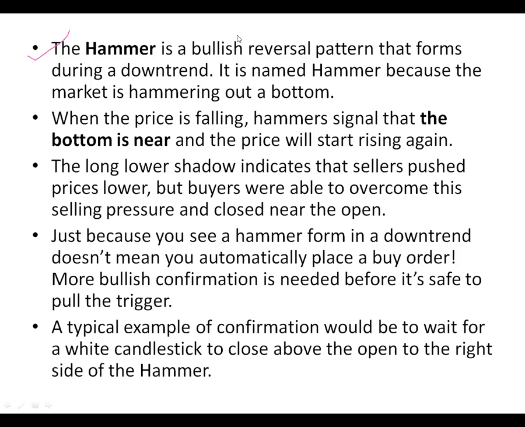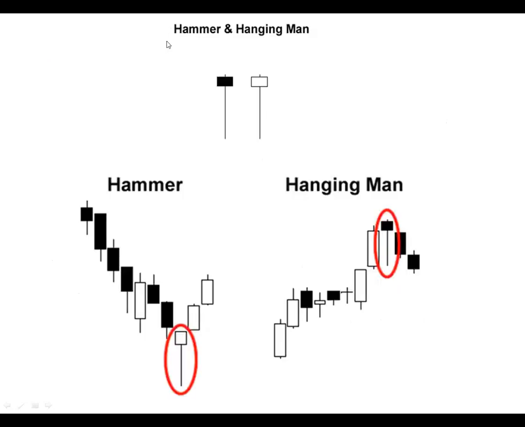So if I go back for you to see this explanation here, what it's saying is that we are calling this doji candle a hammer because it is hammering out a downtrend, making way for a new trend to be formed.